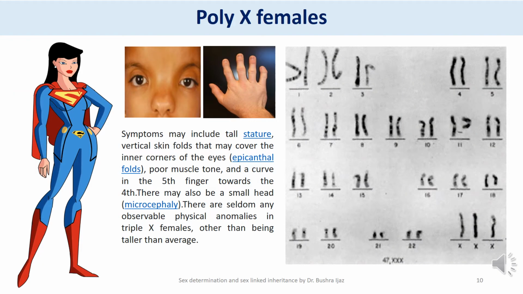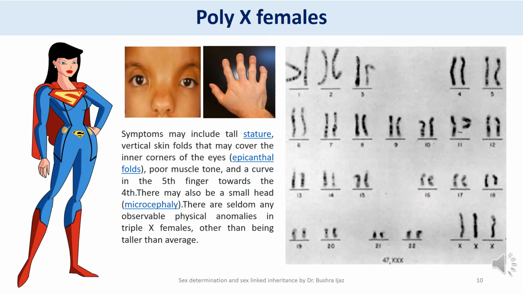Another example of improper segregation of the sex chromosomes, which occurs in females, is called poly-X female. These females have three X chromosomes, as you can see in the karyotype on the right side, instead of the normal two X chromosomes. They are also sometimes referred to as super females.